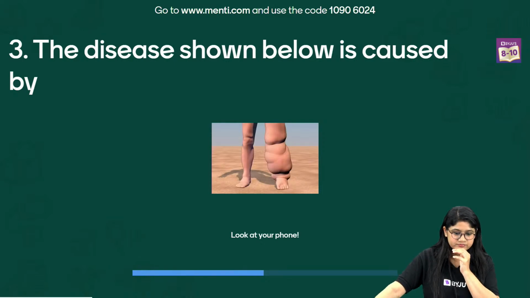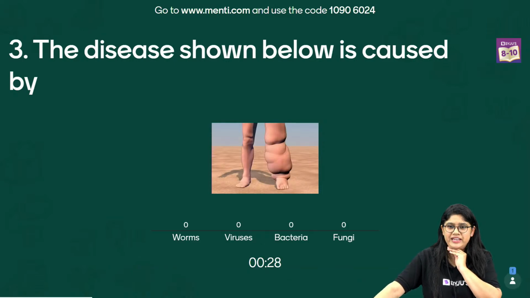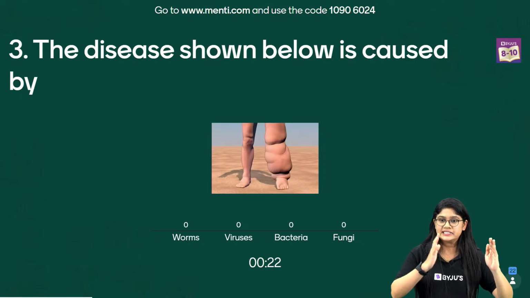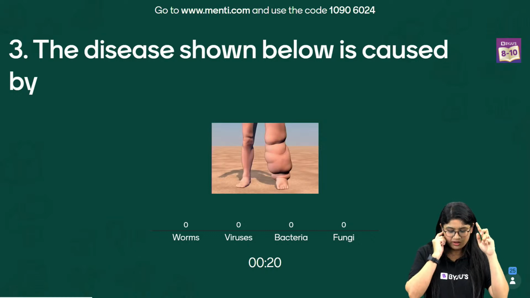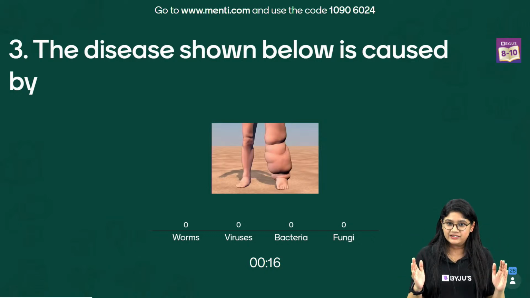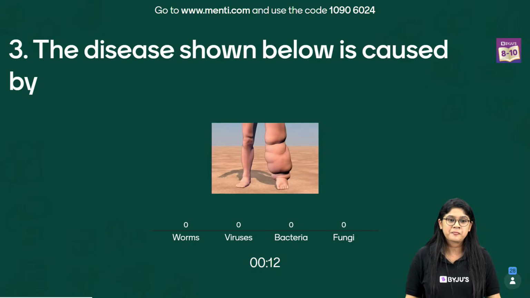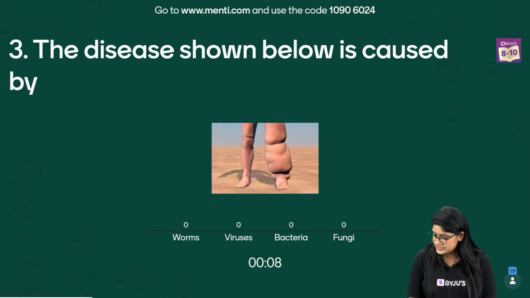So the disease shown below is caused by. Very interesting, right? I'm sure you know which disease this is, in which we can see the type of an elephant leg. One leg is normal and one looks like an elephant leg. We have worms, virus, bacteria, and fungi. Come on, everyone, answer.